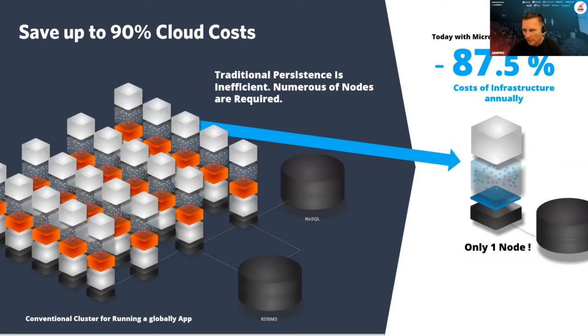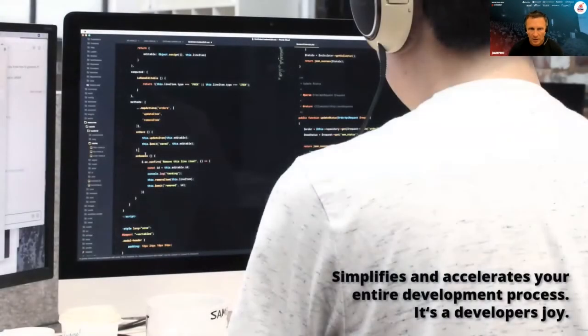But we were able to save up to 90% costs in the cloud for our customer. And this is possible with almost all database applications. And for you as a developer, of course, it's more convenient because now you only have to deal with POJOs. That's it.